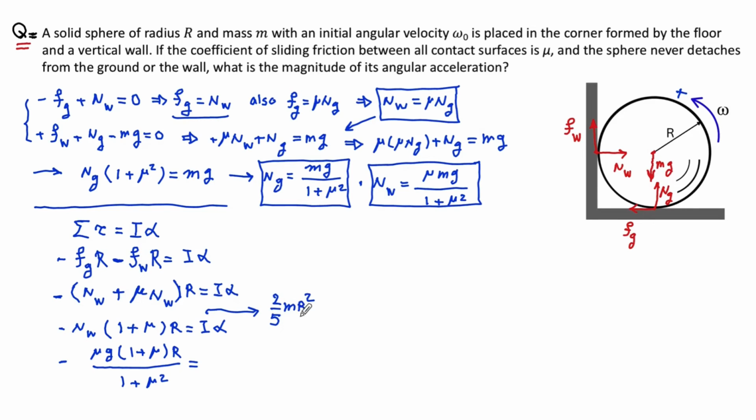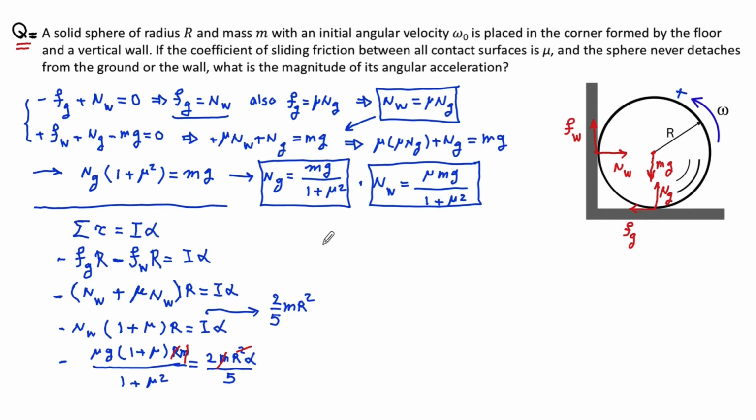So that moment of inertia is given by this formula, and if we substitute it, we get 2 mr squared alpha over 5. Now we can cancel out this m by this m and this r by one of the r's here.